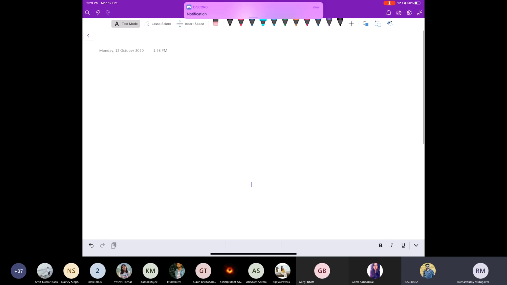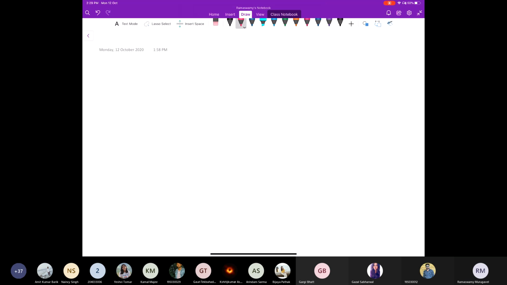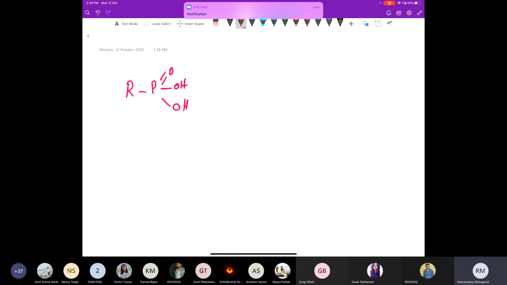Now I have a molecule, an example from my own research. What is important is that this particular molecule is a phosphonic acid. If R were an OH, it would be phosphoric acid, but if I replace the OH by an R group, this is called phosphonic acid.